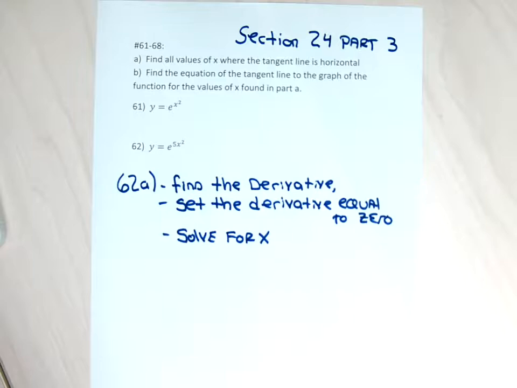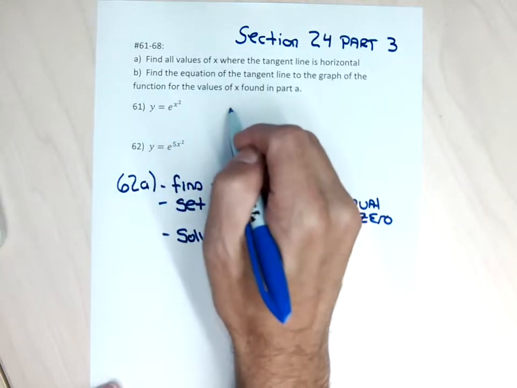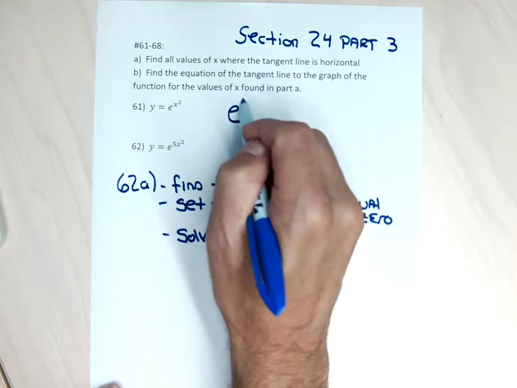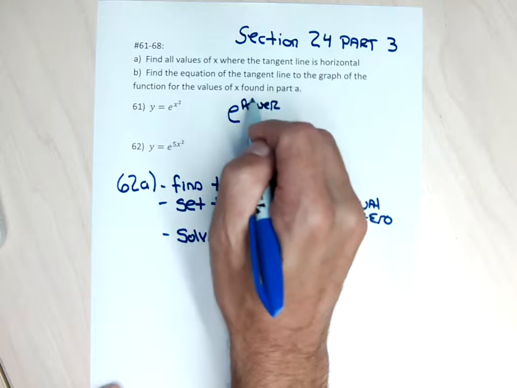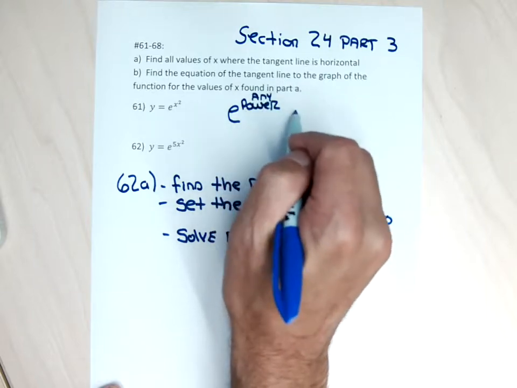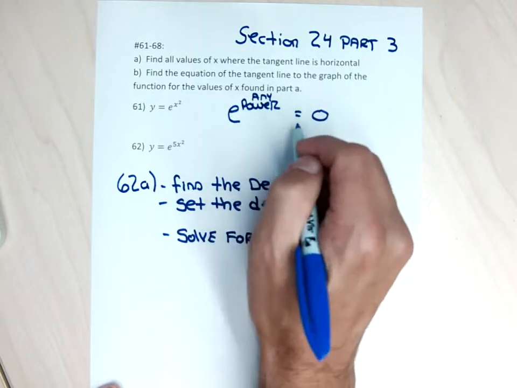There's something that we may or may not remember from college algebra: if I had e to any power and I set it equal to 0, this will have no solution.